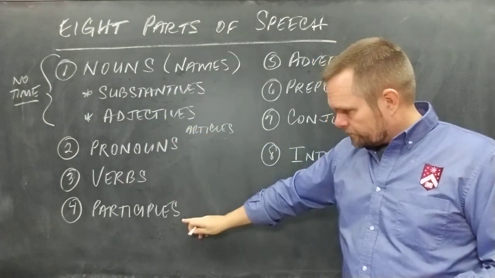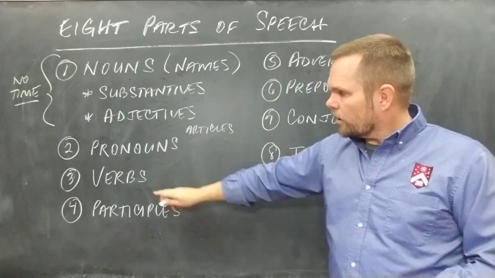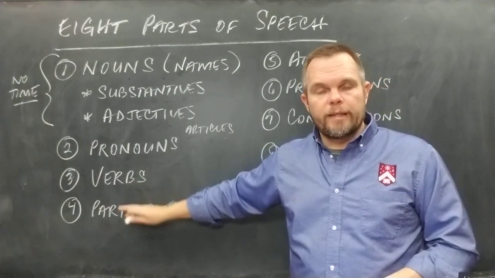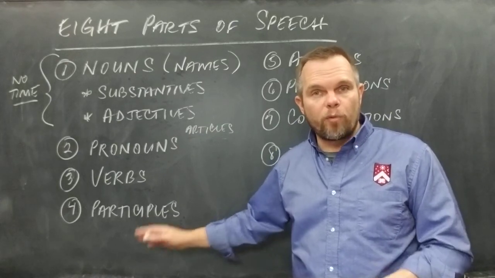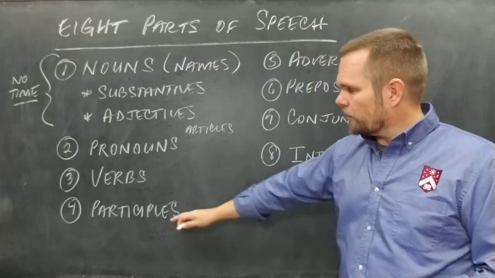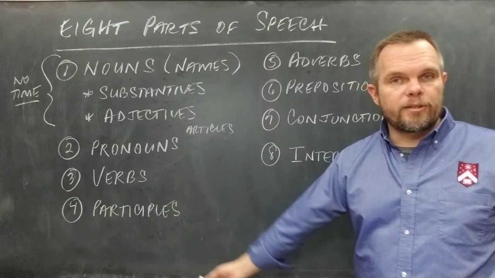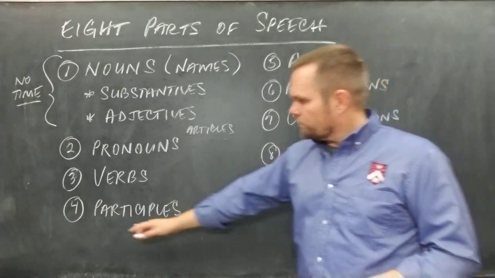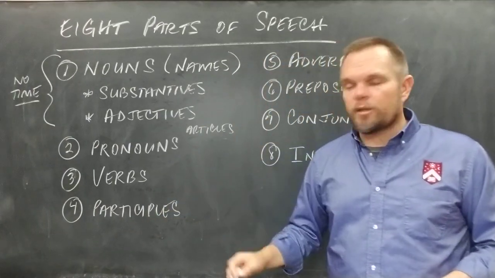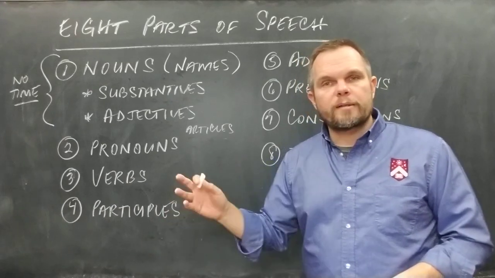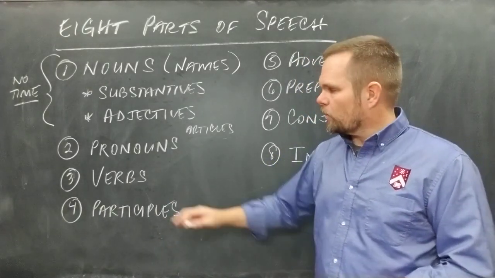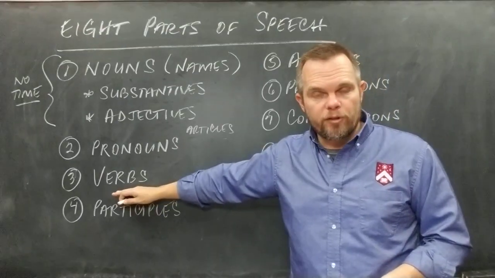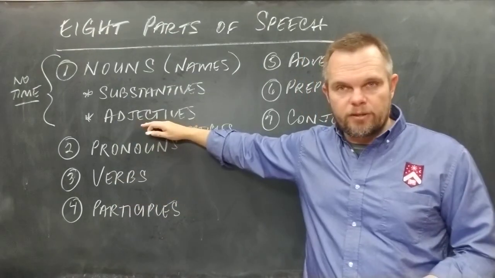However, they also are not verbs. They make up a fourth class of words, a fourth part of speech. And that's why participles need to be considered separately. The word participle can be remembered because these words participate in the qualities of both verbs and adjectives.